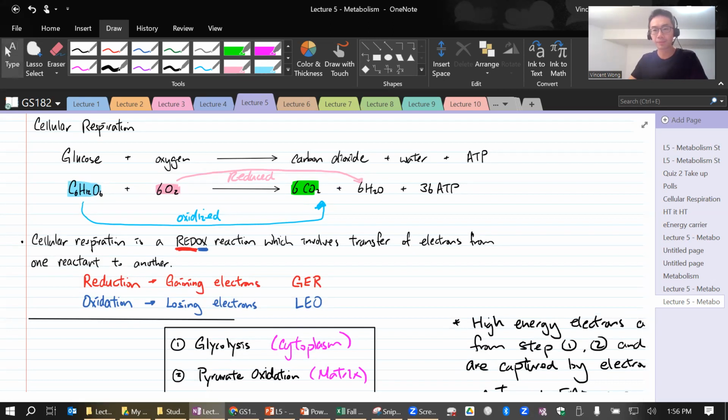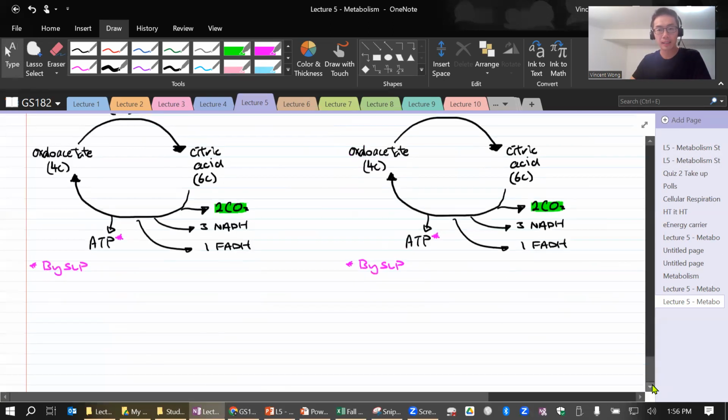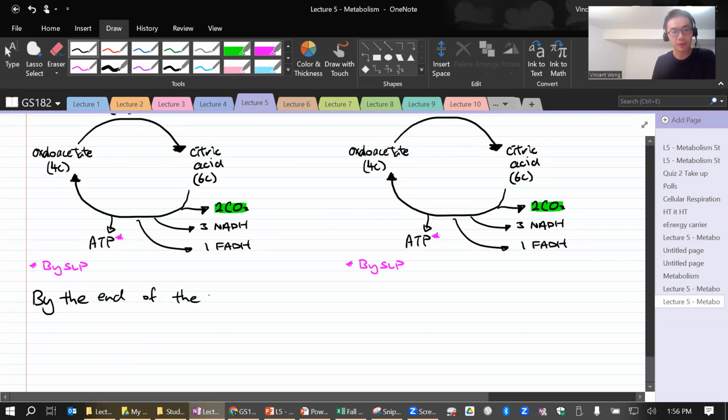Okay. Let me write that down for you. By the end of the Krebs cycle, glucose is completely broken down into CO2.